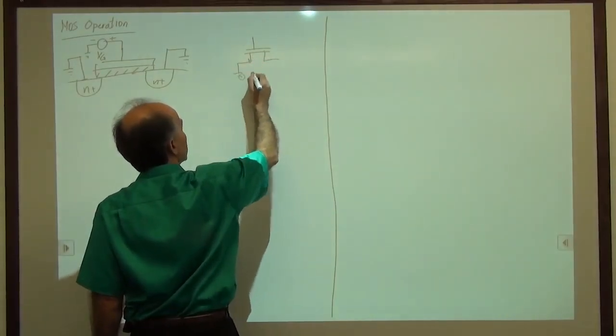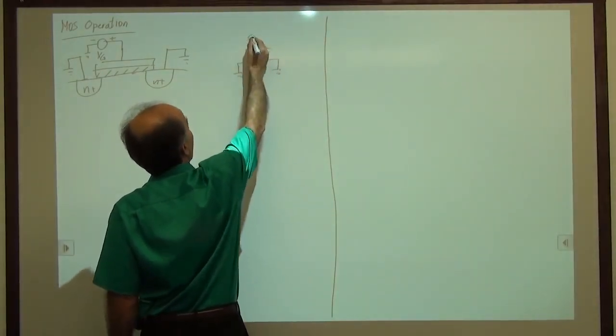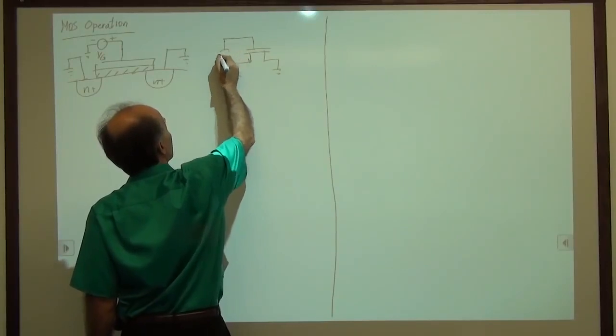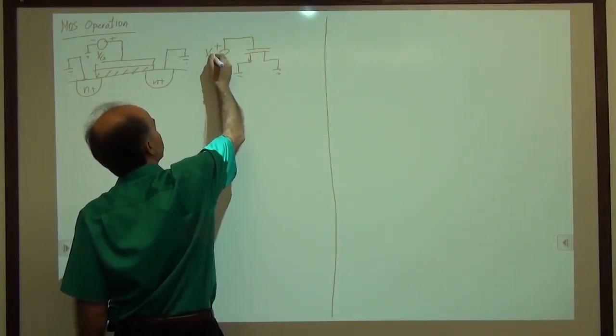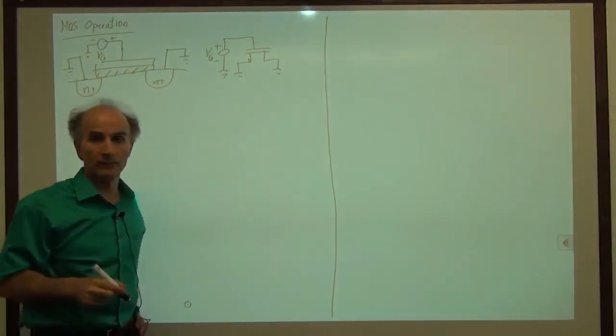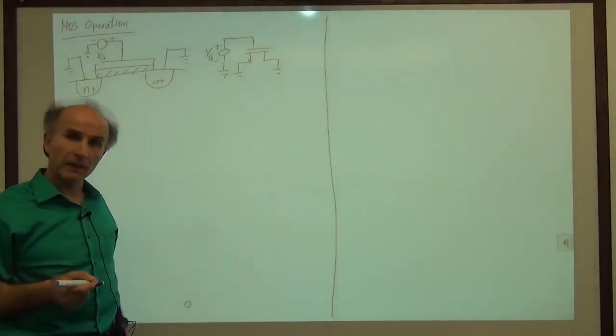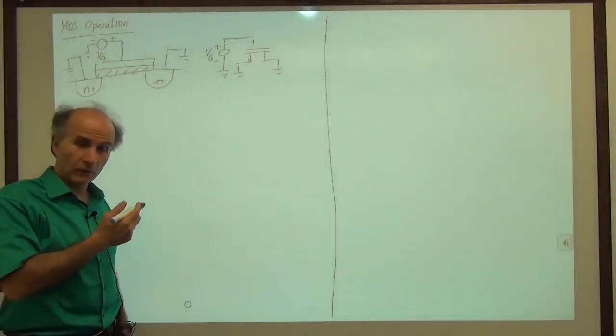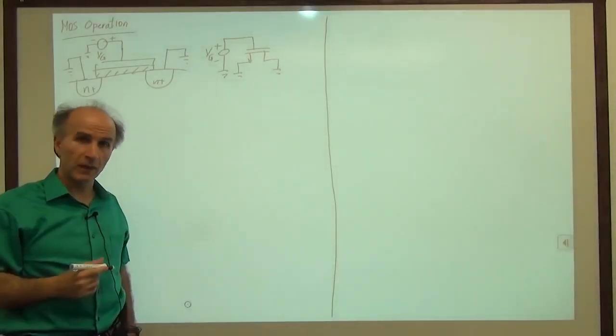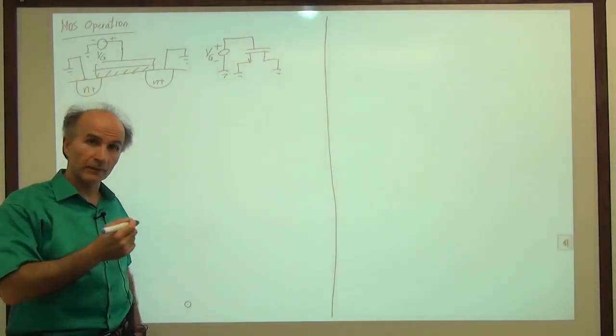The source is grounded, the drain is grounded, and I have just applied a voltage between gate and ground, right, VG. We just want to see what's going on as this voltage varies. The device is not particularly useful right now, but at least we can see some of the operation.